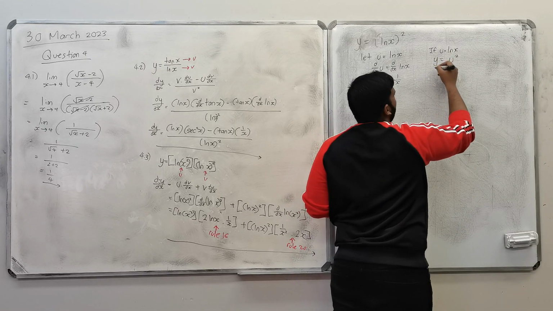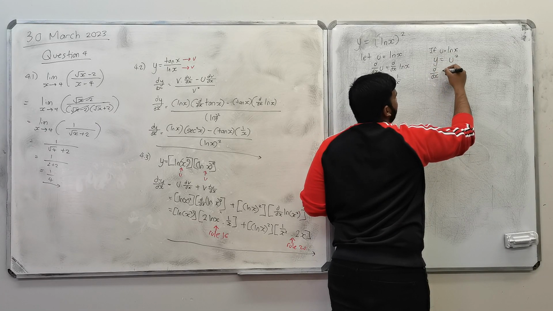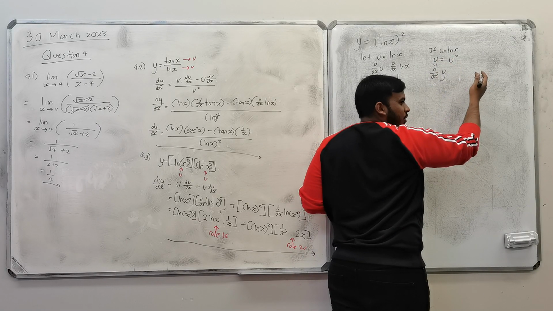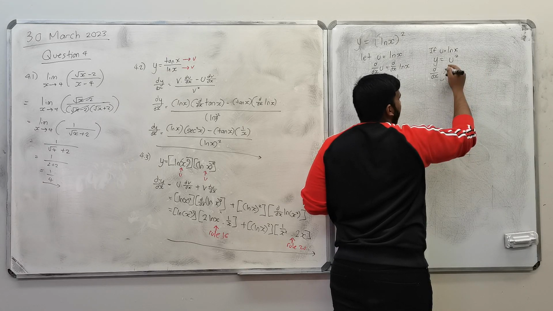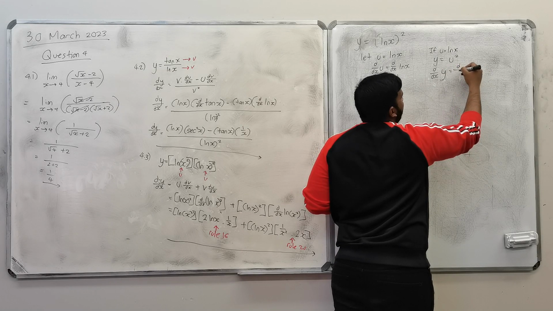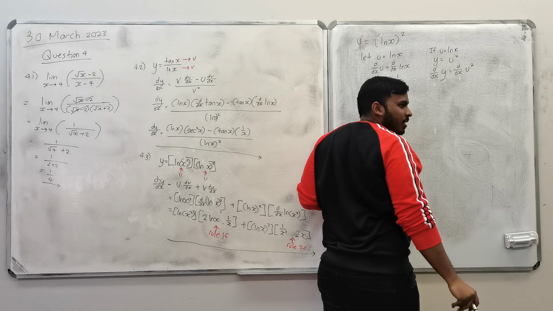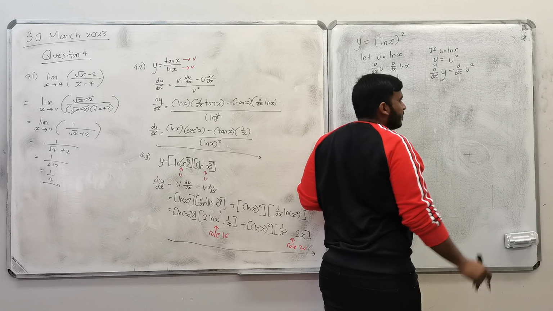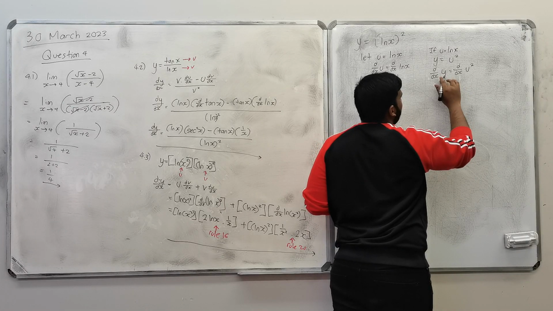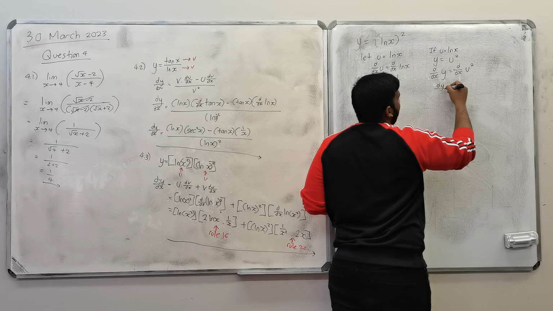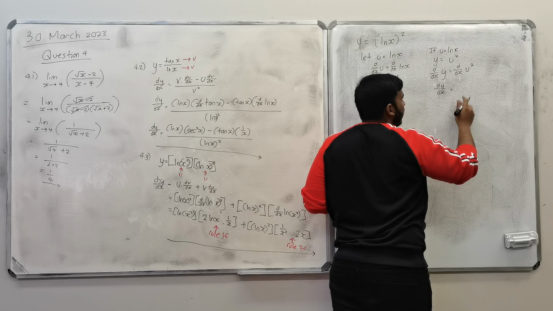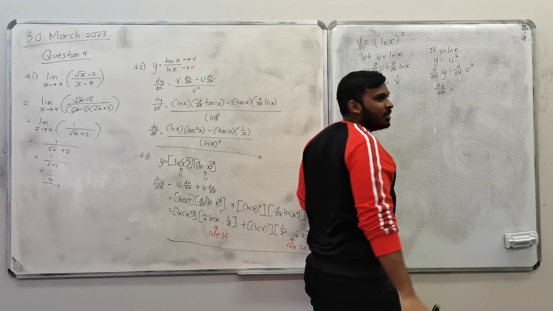To differentiate, okay, so you introduce your differentiation on both sides, because you're differentiating with respect to x. So this is d over dx of u squared. Right? So this is dy over dx is equal to the differentiation of this.